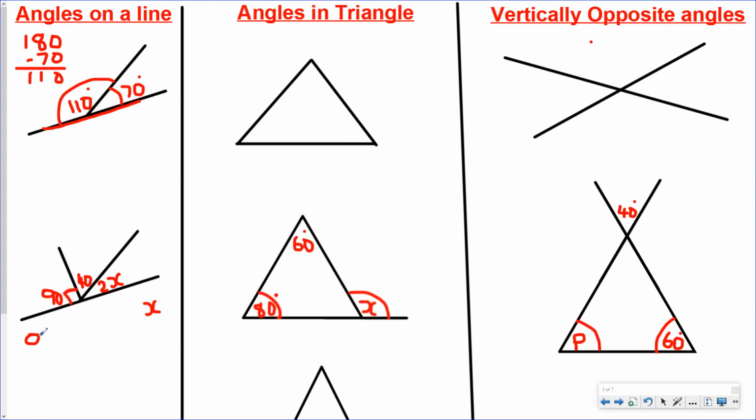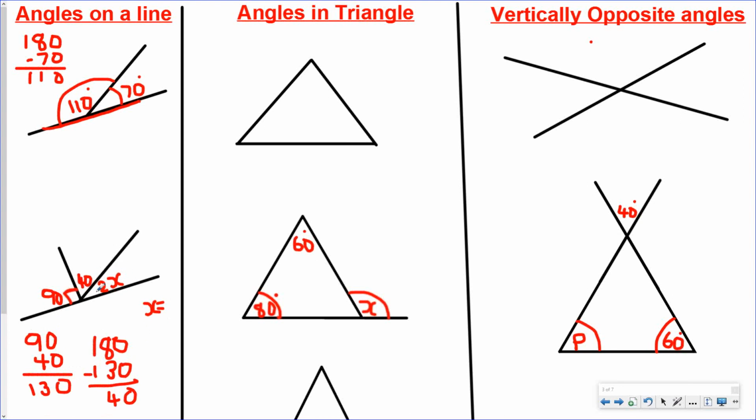So if we add the 90 plus the 40, that's 130. We're going to take this away from 180 because angles in a straight line add up to 180. So we get 50 degrees.